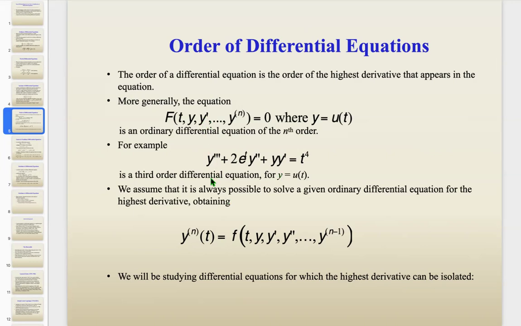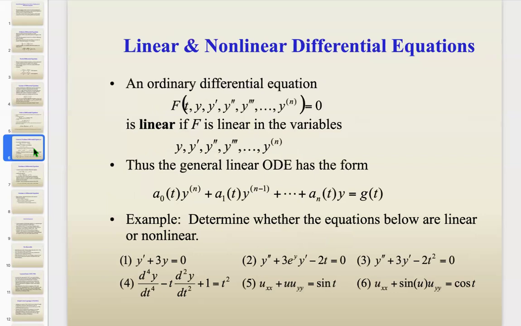In other words, if it's an nth order equation, we can write y^(n), the nth derivative of y, as a function of t, the independent variable, and all the lower order derivatives of y, including the zeroth order derivative, which is the function y itself. So in this class, we will only be studying differential equations where you can isolate the highest order derivative. That's not always true in ODEs that come up in real world applications, but for us, that's going to be true.